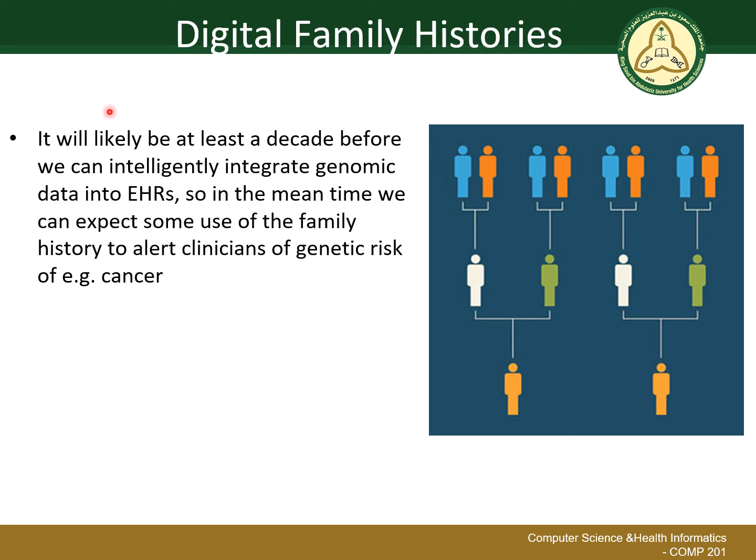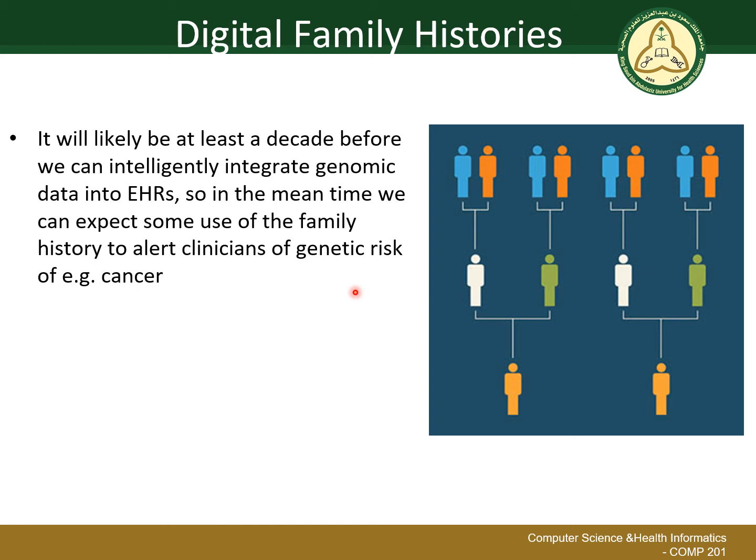Digital family history. It will likely be at least a decade before we can intelligently integrate the genomic data into electronic health records. In the meantime, we can expect some use of the family history to alert the clinician of genetic risk of specific medical conditions such as cancer.